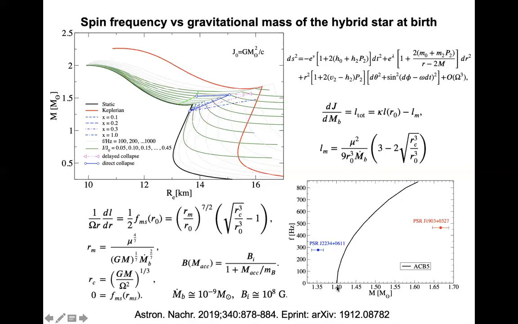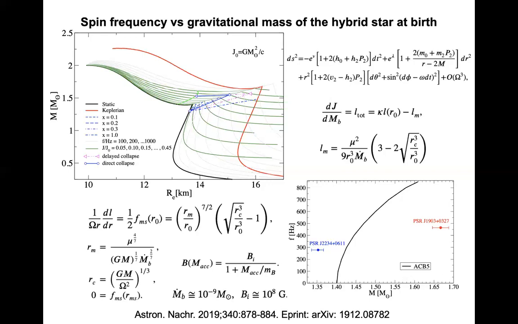For instance, here for this model ACP5, the transition occurs at 1.4 solar masses over here. If we want to have this line that describes the system go precisely through this point, we need to change either the parameters of this multi-polytrope approach, or we can use more sophisticated equations of state that include a better description of the quark matter in the interior, and we can find equations of state that will have the transition at 1.35.